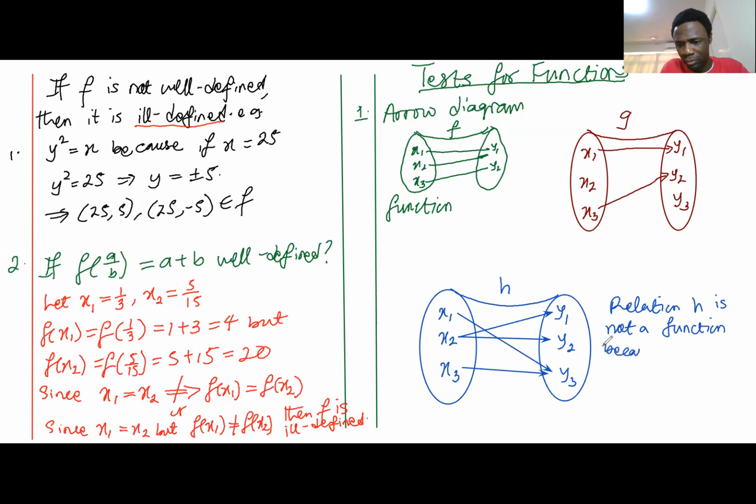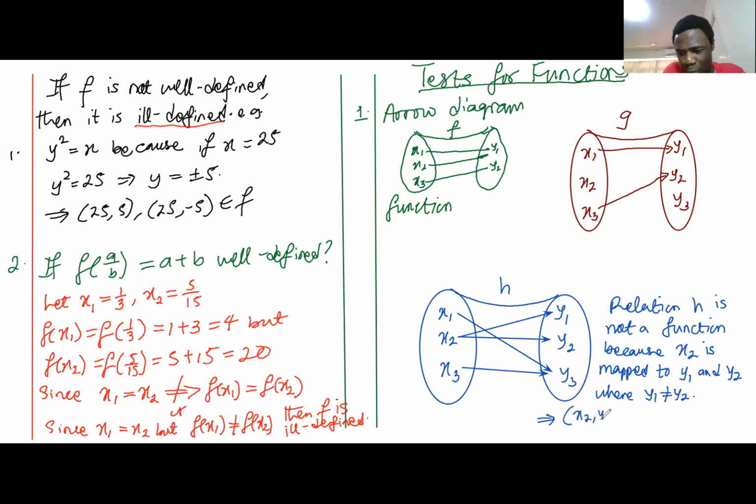Because x2 is mapped to y1 and y2, where y1 is not equal to y2, right? And this actually means that we have x2, y1, and x2, y2 belonging to H, which is not supposed to be.